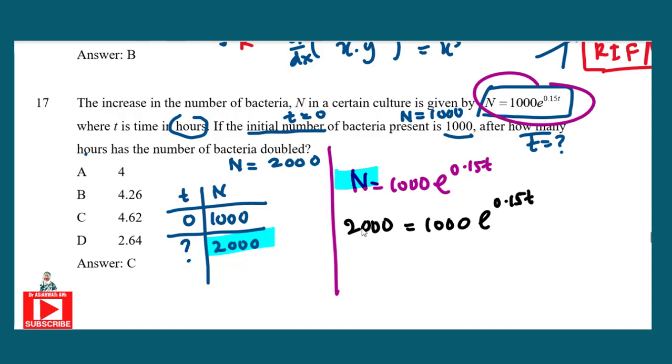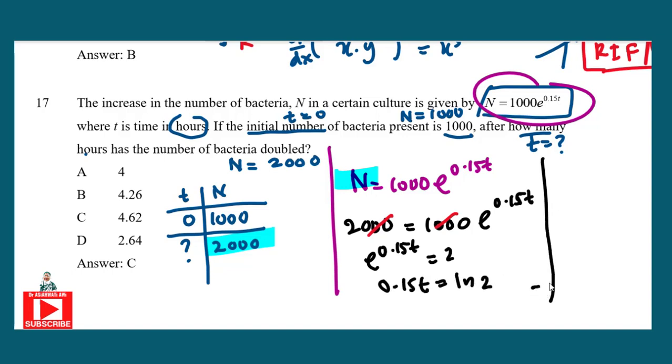Cancel to get 2, so e to the power 0.15t equals 2. In the exponent, take ln on both sides. 0.15t is equal to ln 2, so t is equal to ln 2 over 0.15. Using the calculator, we get the answer 4.621 hours.